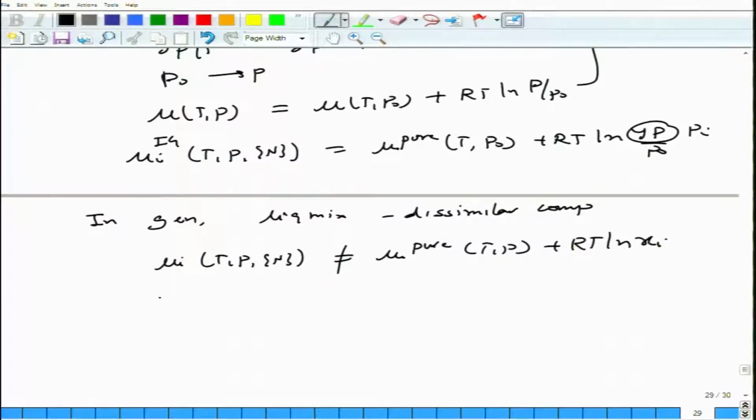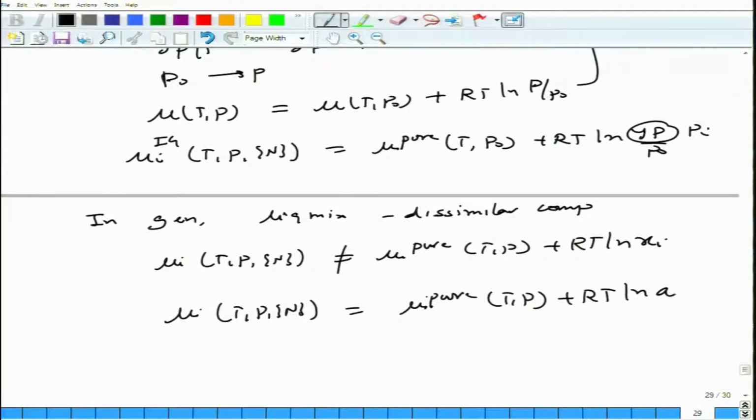So, the way we define activity is such that mu i at T, P, x is equal to mu i pure at T, P plus RT ln ai. This is an activity. And of course, for an ideal mixture, ai is nothing but xi. In this case, we are talking about xi because it is a liquid.